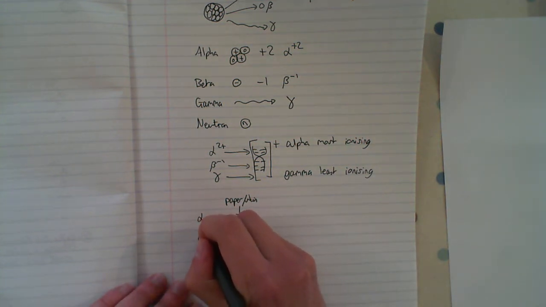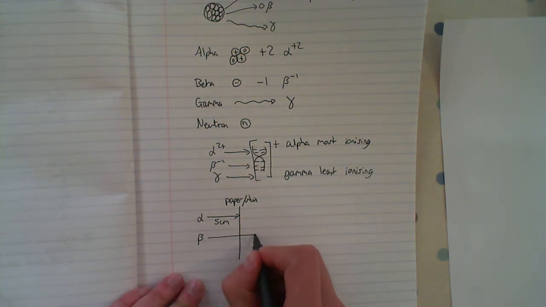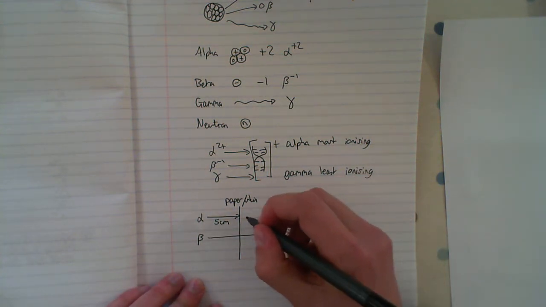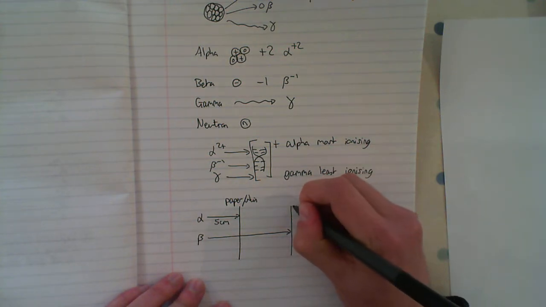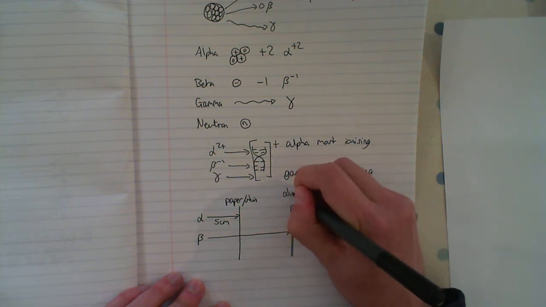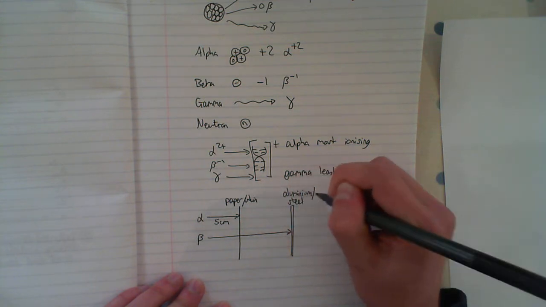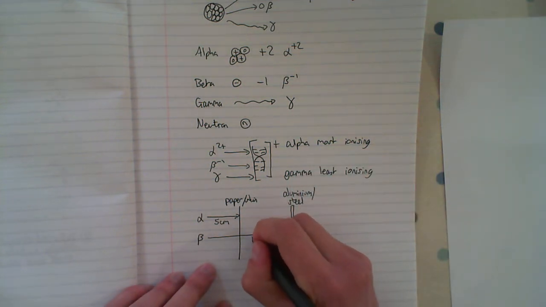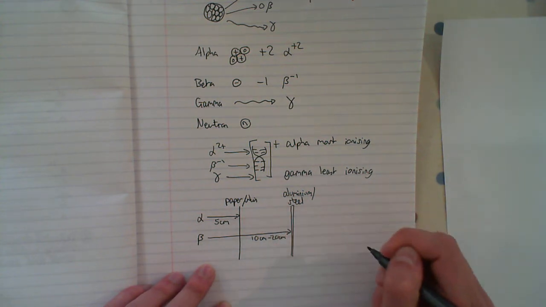But beta is more penetrating. Beta can go about 20 centimeters in air. It can penetrate the paper and skin, but it's stopped by thin metals such as aluminium or steel. So beta, about 10 centimeters to 20 centimeters.